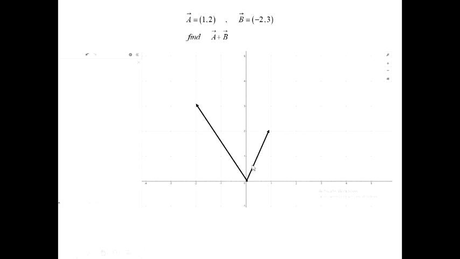Again, to add two vectors, the starting point of one of them must connect to the end point of the other. So we have two ways to solve this problem. Either I can take this vector and put it here, or put this vector on this one. Do you understand?